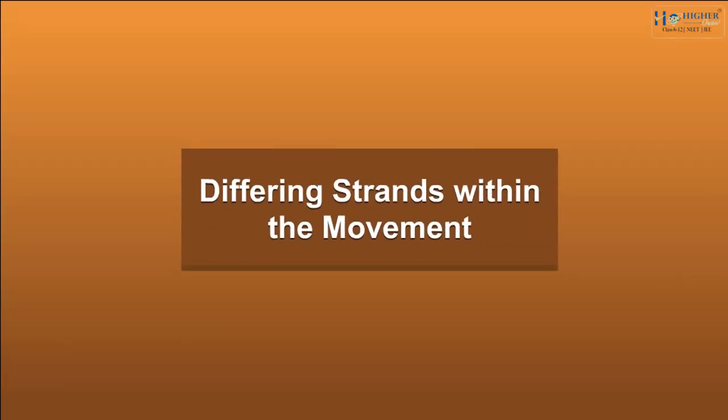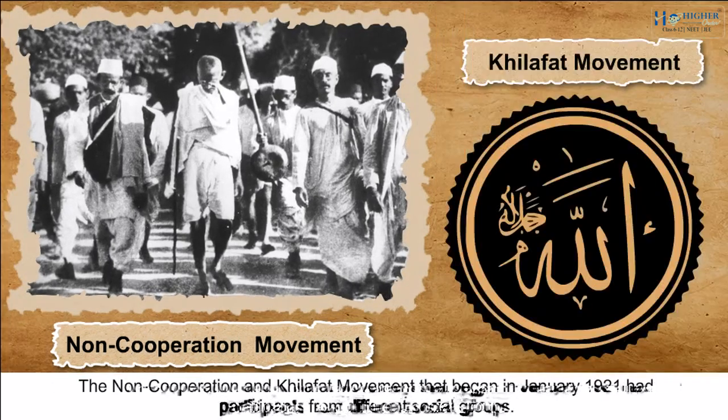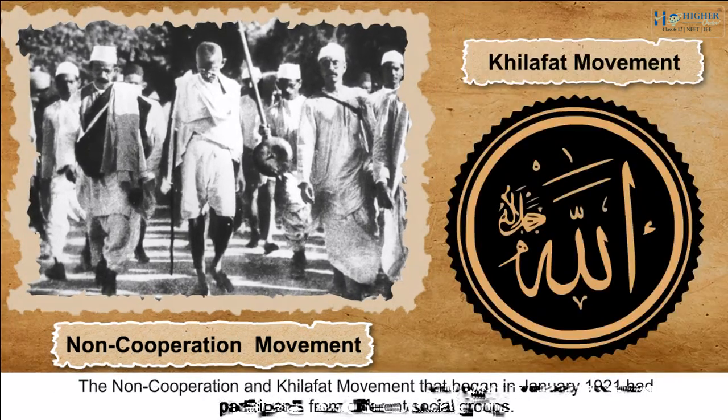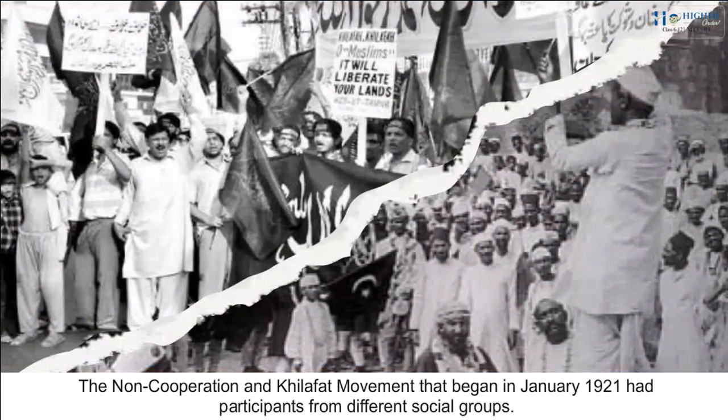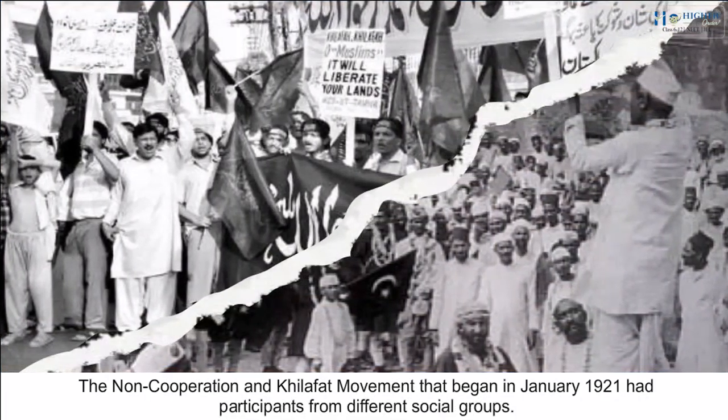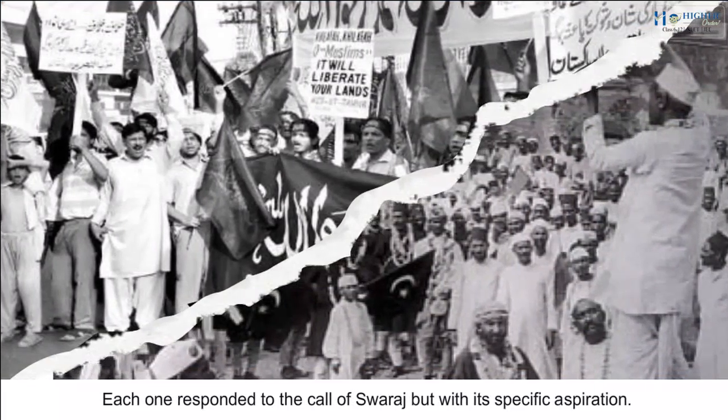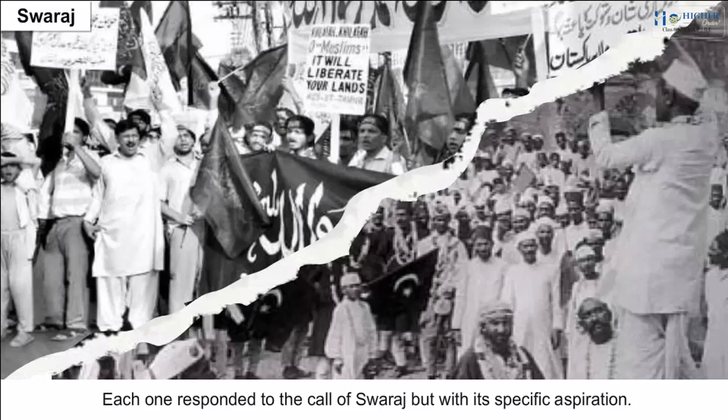Differing strands within the movement. The non-cooperation and Khilafat movement that began in January 1921 had participants from different social groups. Each one responded to the call of Swaraj, but with its specific aspiration.